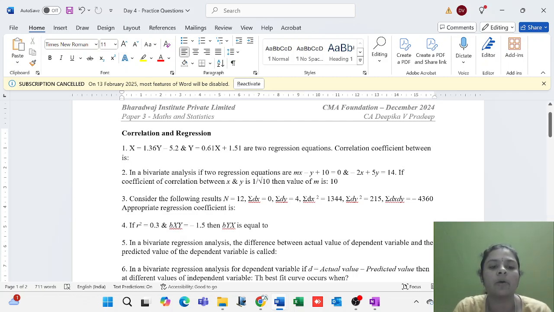Next, now coming back to the second one. The two regression equations in a bivariate analysis are mx minus y plus 10 equals 0, minus 2x plus 5y equals 14. The correlation coefficient between x and y is 1 by 10. Value of m is... Sorry, this 10 is a printing mistake.